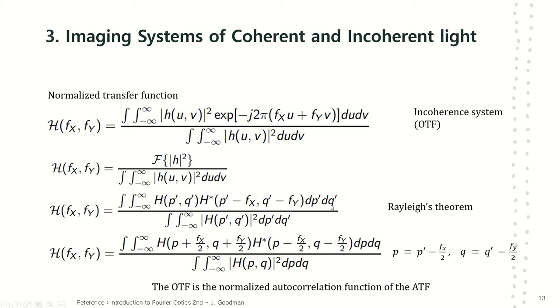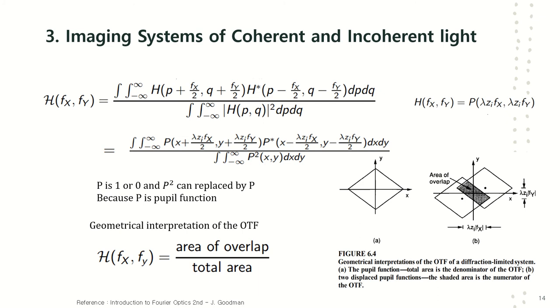And then if we replace p and q by p' minus fx over 2 and q' minus fy over 2, we can get the fact that the OTF is the normalized autocorrelation function of the ATF. The numerator represents the area of overlap of two displaced pupil functions. So the OTF can be obtained by calculating the ratio of the area of overlap and the total area of the pupil.